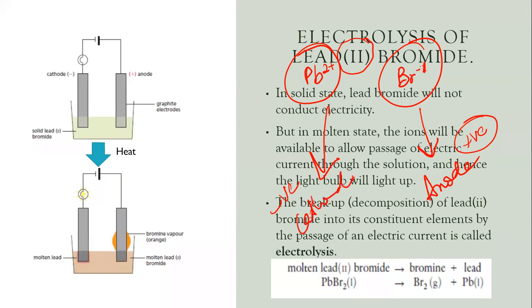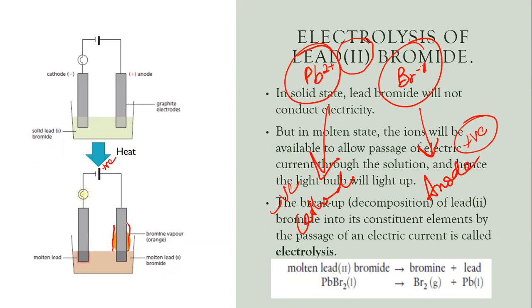So what is going to happen is this. This is your anode. You can see it's connected to the positive terminal. And you can see that the bromine can be seen in the form of brown vapor or brown gas, right? So bromine, you can see it collecting around the anode. You can see it depositing around the anode, and you can see it in the form of vapor.